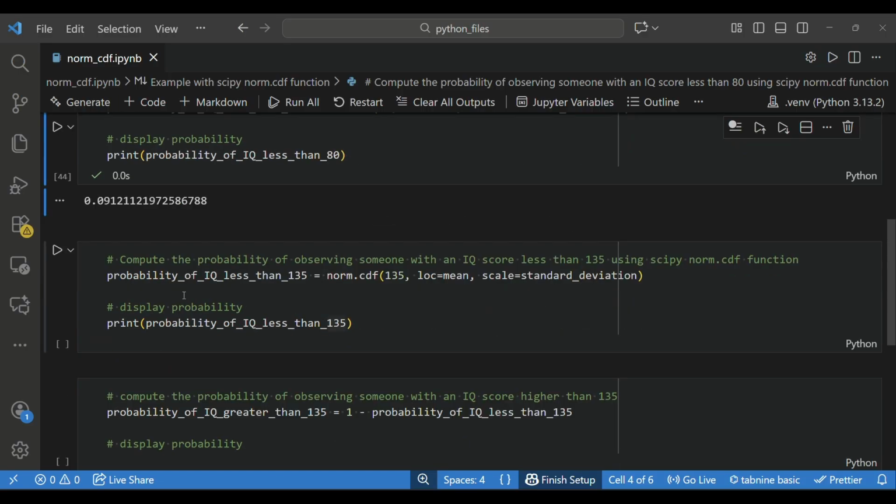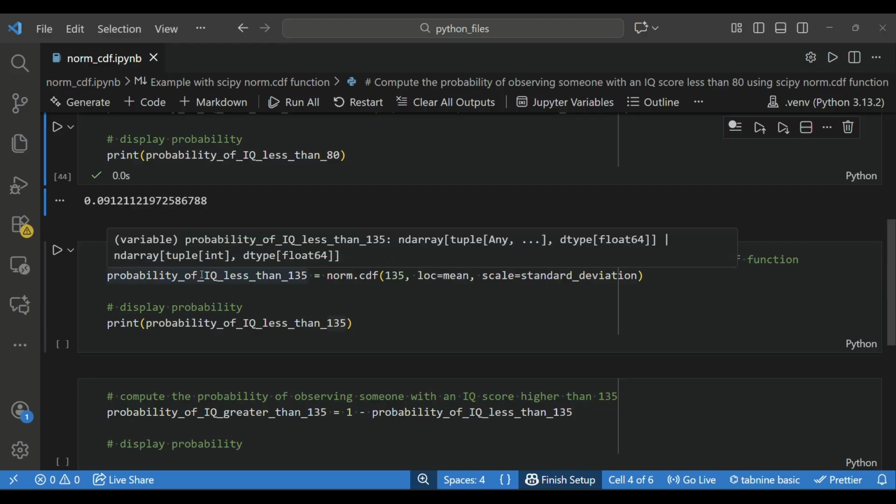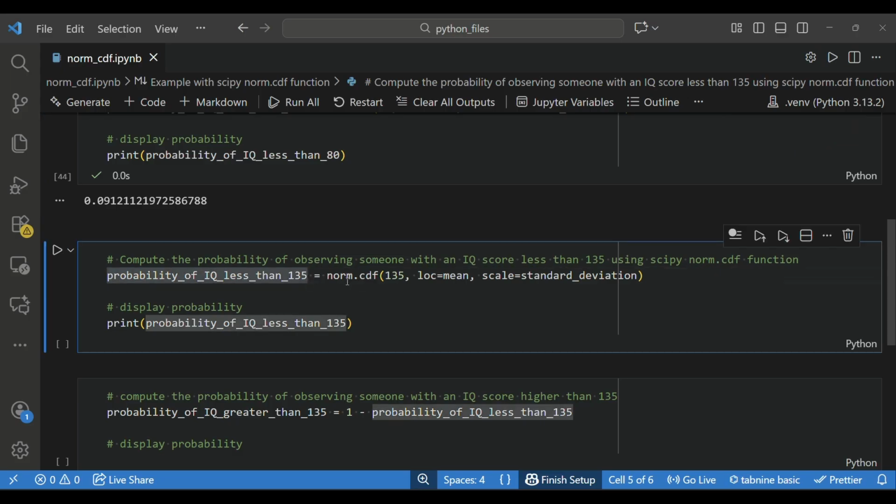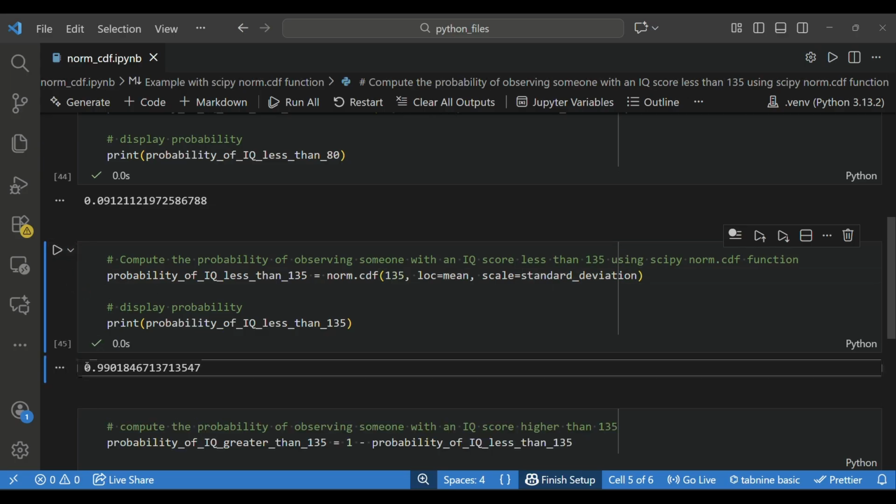The probability of encountering someone who's very smart, who has an IQ score greater than 135, is computed using the same process. First, we find the probability of running into someone who has an IQ less than 135. Again, we use the norm.cdf function. We pass the IQ score, 135, the mean, and the standard deviation, and this returns a very high probability, 0.9901, which is again the same we found when we used the Z tables.